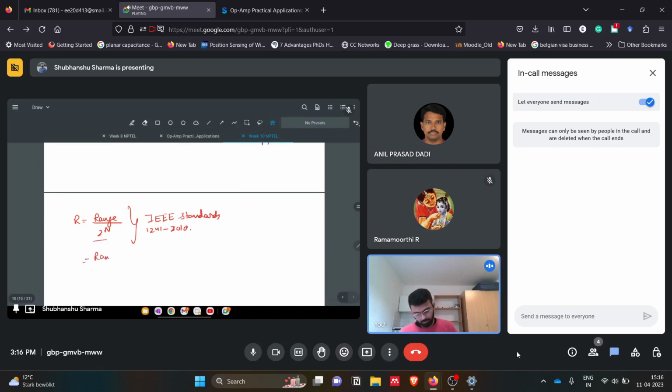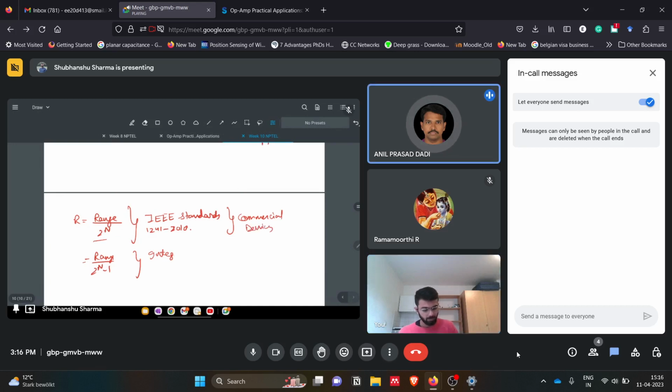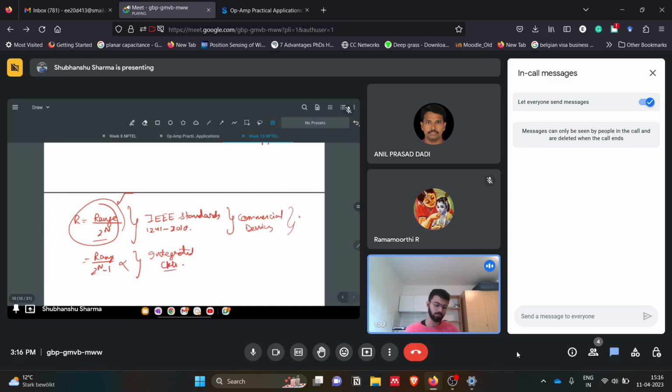Sometimes they take range divided by 2 to the power n minus 1, but that is used for integrated circuits, normally for commercial devices already in the market. So by default, I should take the first one, sir? Yes, the first one you take. Don't take the other, which is for integrated circuits. Take range divided by 2 to the power n.